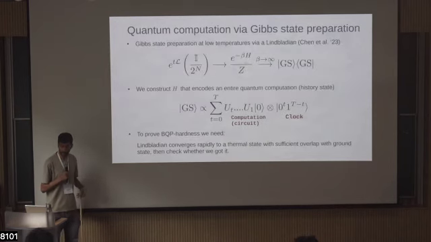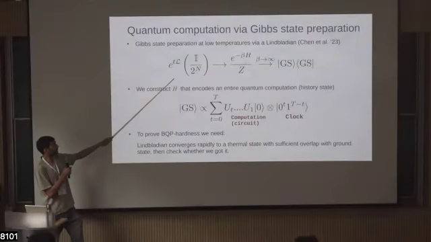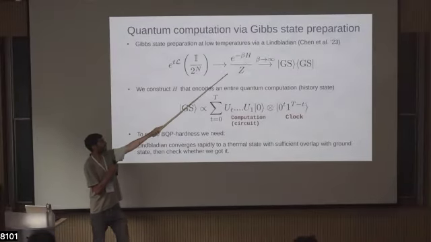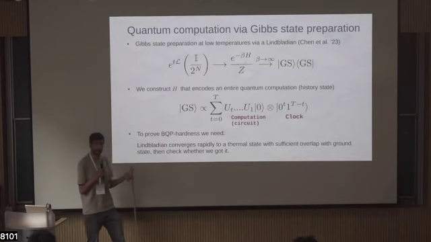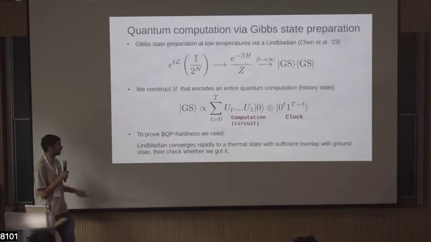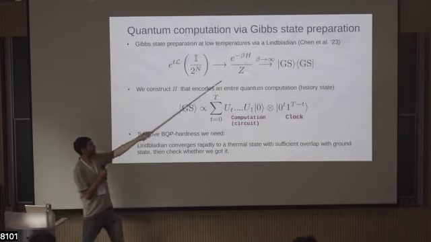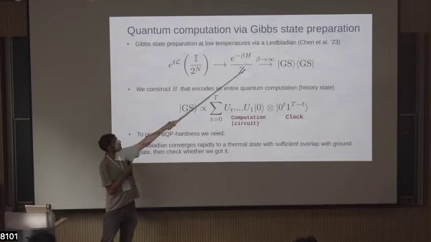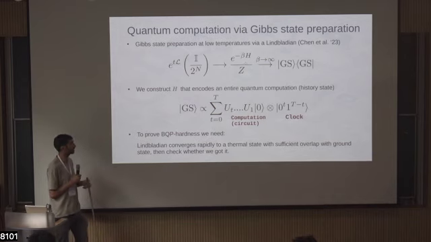So then essentially to prove this BQP hardness, what we need to show is that we're able to efficiently do this, whether the time you need to run this Lindbladian for is nice, kind of polynomial in the size of the circuit. So in order to show this, well, not only that, but also we need to show that for betas that are not too large, we're reaching a Gibbs state that has a good enough overlap with the ground state.